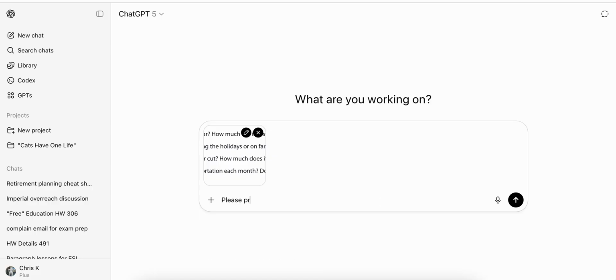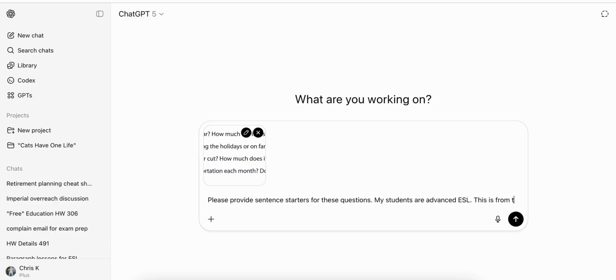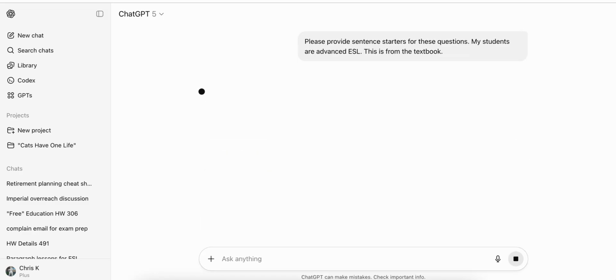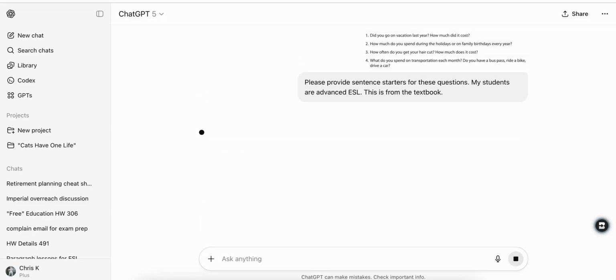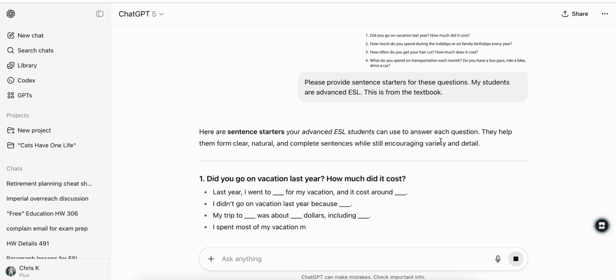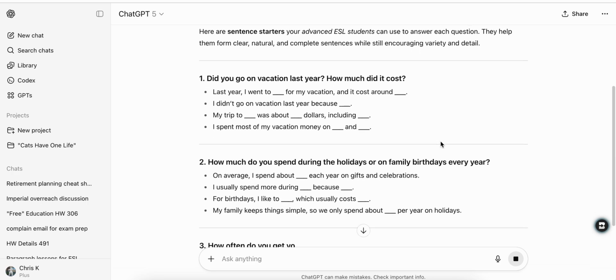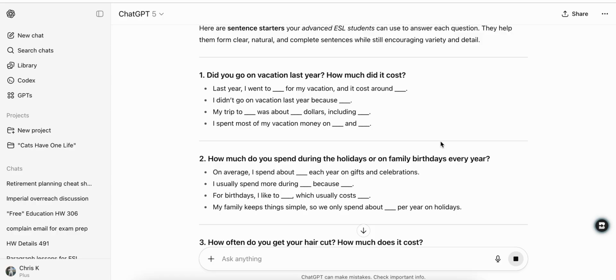Please provide sentence starters for these questions. My students are advanced ESL. This is from the textbook. Okay, so I can get some sentence starters, right?